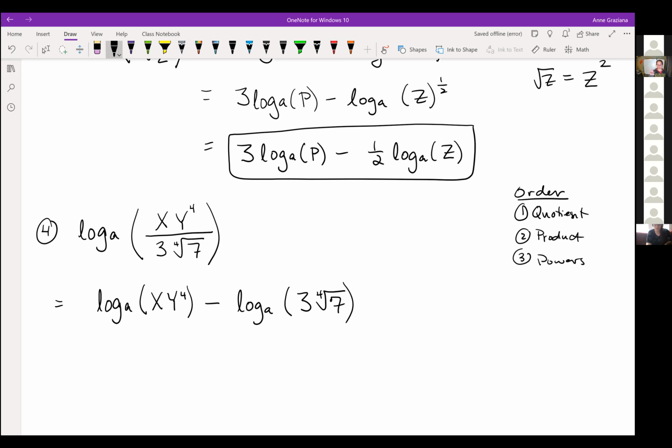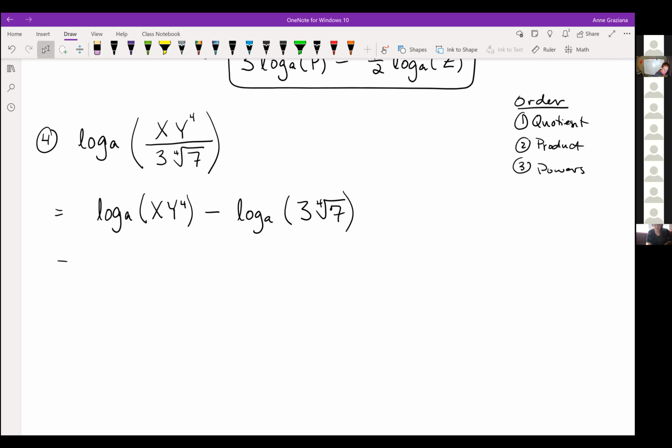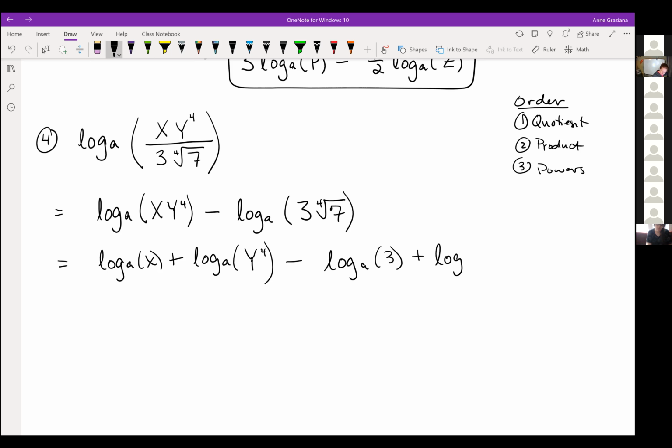Okay, now you should see inside there, each of those is a product. You guys with me? So this is log base A of x plus log base A of y to the 4th, minus log base A of 3 plus log base A of 4th root of 7.